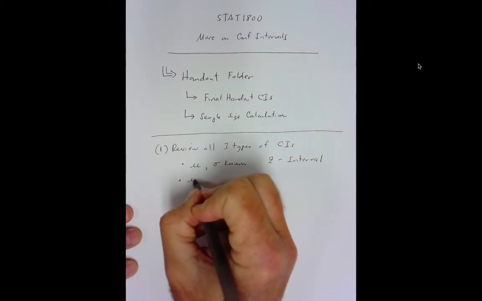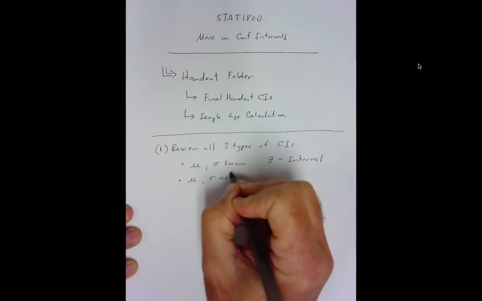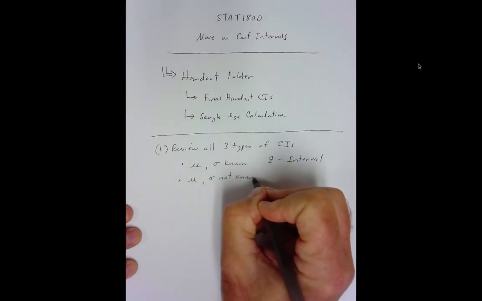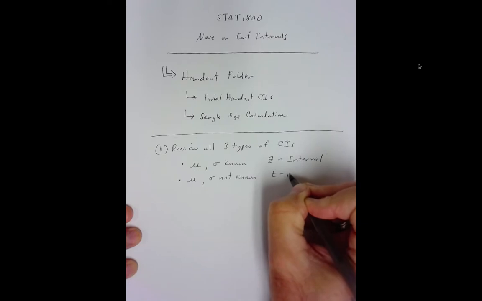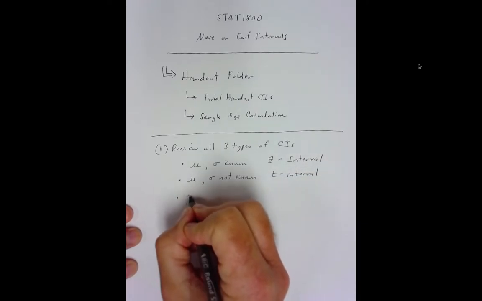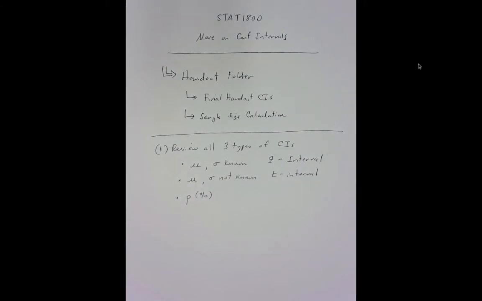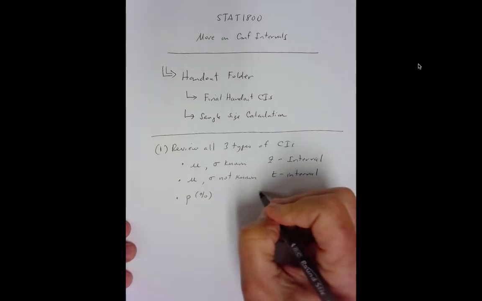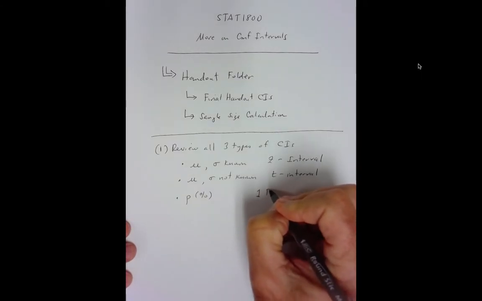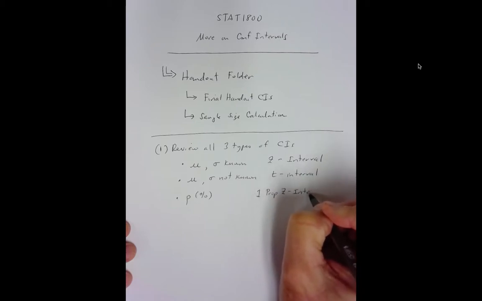The other type is a confidence interval for mu where sigma is not known, which is called a T interval. And a confidence interval for P, which is a percentage, referred to as a one prop Z interval.